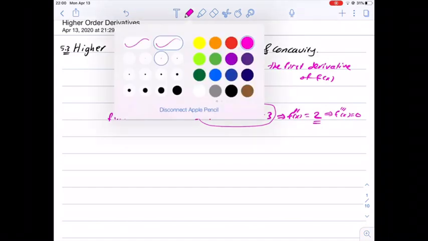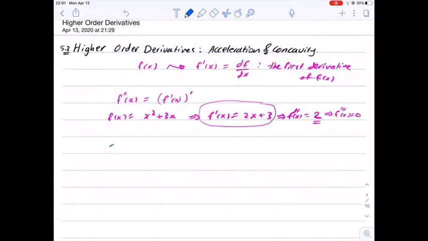Now, in physics and even in some economics problems, we can talk about the position, velocity, and acceleration. So what do we mean by position? Position is a function that depends on t, and that determines the position of something with respect to time. For example, the position of a particle with respect to time.